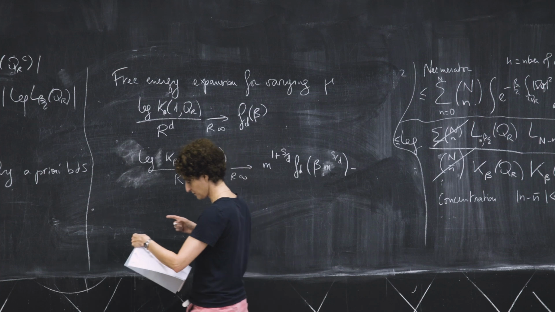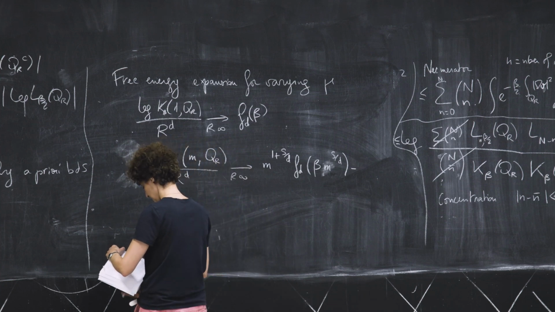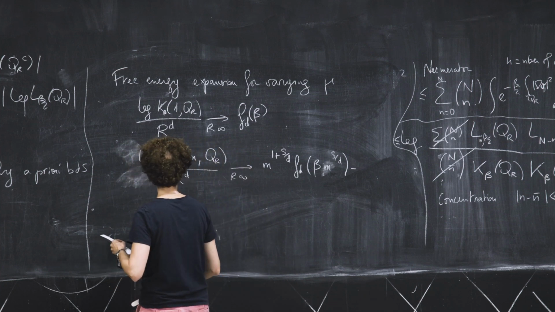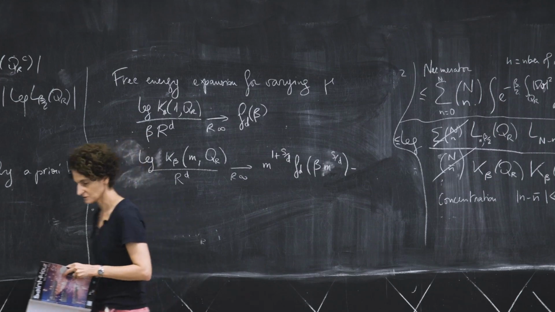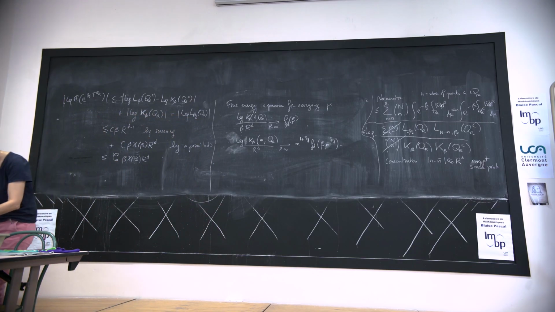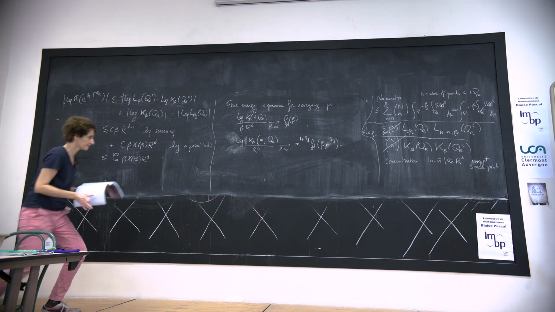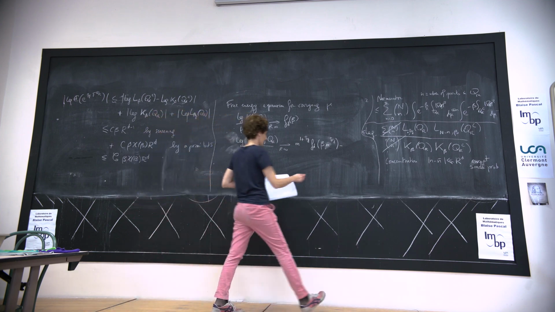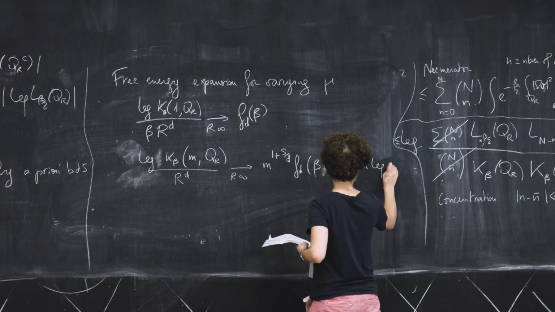Okay, so this is the limit when you divide by beta, I think. I think in the notes, there are different conventions, but I decided to make it the limit of that divided by beta. And so then this one becomes m log m.